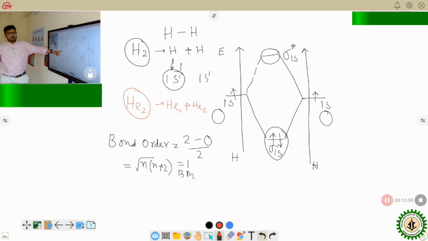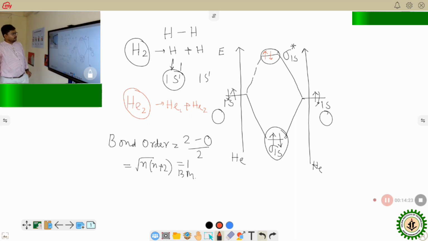So we know helium's electronic configuration is 1s2. That means we have 2 electrons here, and this helium also has 2 electrons. Now we have 4 electrons and 2 molecular orbitals: 2 will be in the bonding and 2 will be in the antibonding.